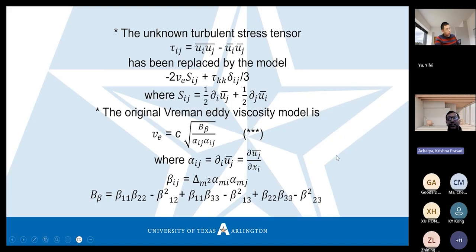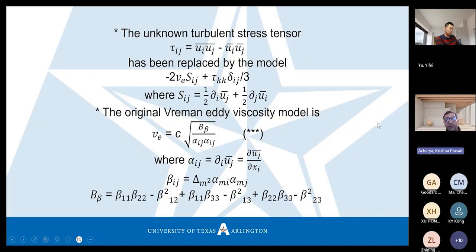The unknown turbulent stress tensor is given by the formula tau_ij is equal to (u_i u_j) bar minus u_i bar u_j bar. And this tau_ij is replaced by the model negative 2 nu_e S_ij plus tau_kk delta_ij over 3, where S_ij is defined by half of the sum of partial j u_i bar plus partial i u_j bar.